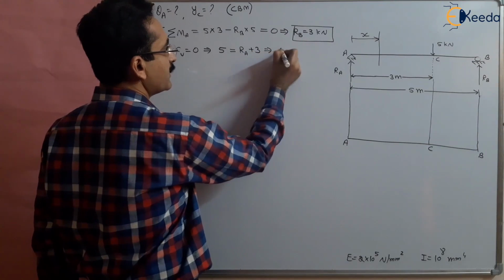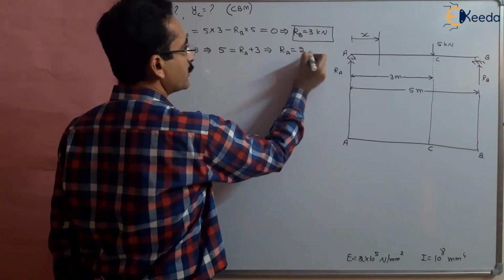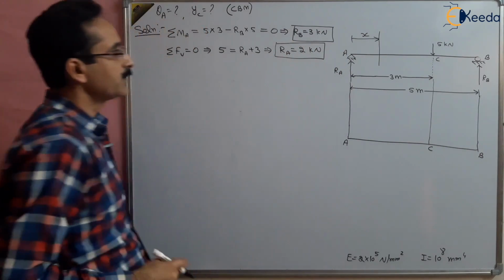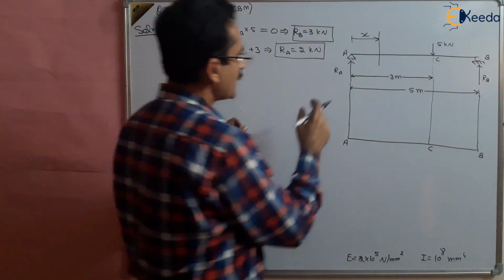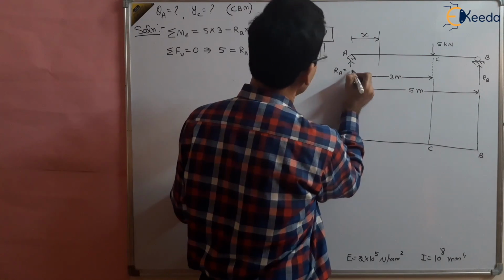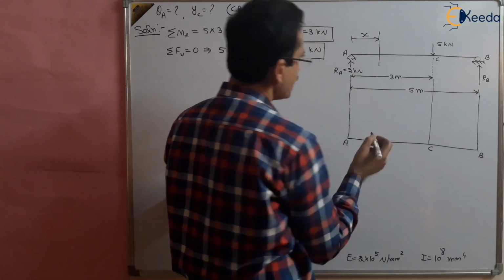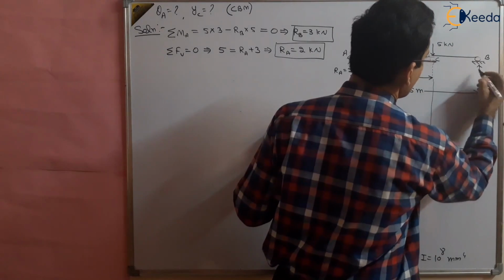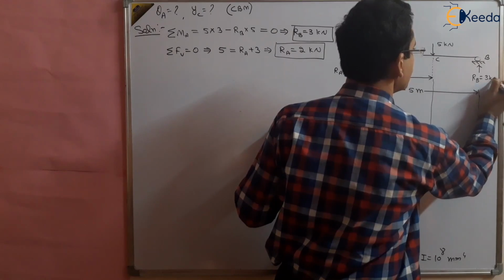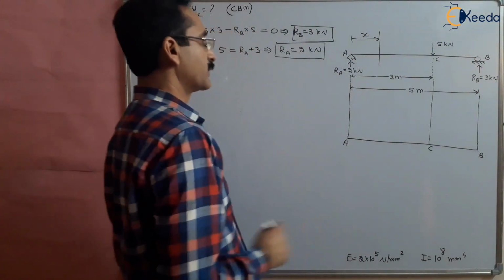So this implies RA will be equal to 2 kilonewton. So RA comes out to be 2 kilonewton, right? So the reaction at point A is 2 kilonewton, and the reaction at point B is 3 kilonewton, and the total force is 5. So that is okay.